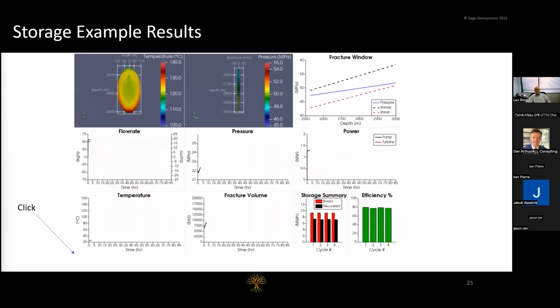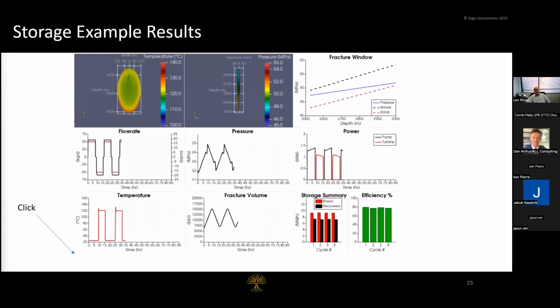Well, we simulated it. And what we found is that when we inject cold fluid, and remember, the opening of the fracture, if you simulate it, is like 0.1, maybe 0.2 of an inch.